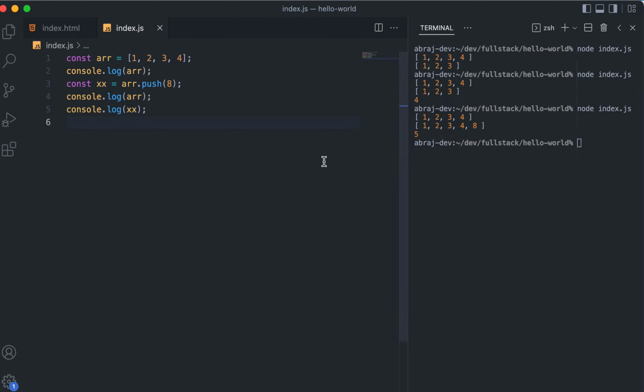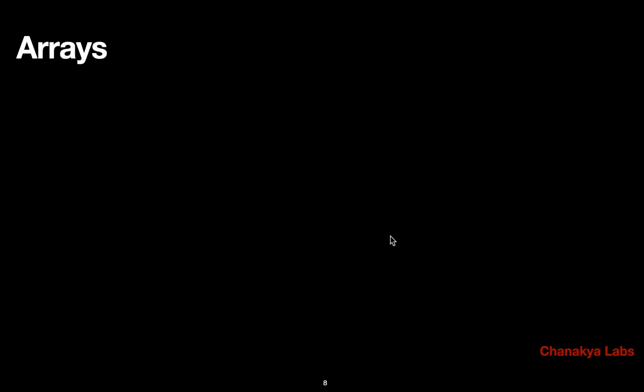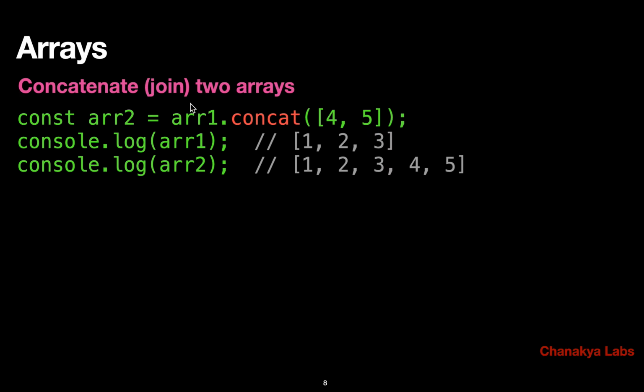So as mentioned earlier, you should frequently go to the documentation if you have any confusion about how things are working. Next, we added one item at the end of the array, right? What if there is another array and we want to concatenate that?